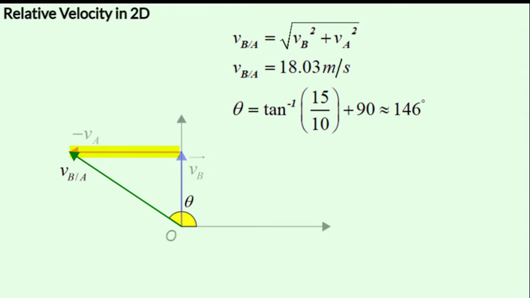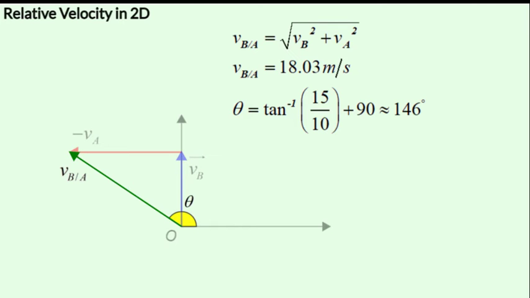VB, VA and VB with respect to A form a right angle triangle. The magnitude of VB is 10 and the magnitude of VA is 15. From here we obtain VB with respect to A as 18.03 meters per second, as it is the hypotenuse of a right angle triangle.